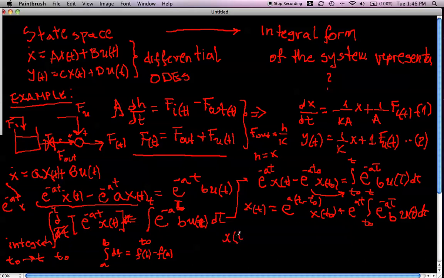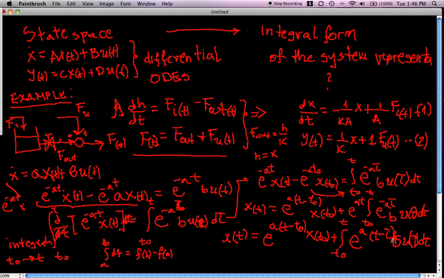that x of t is e to the a of t minus t0 x of t0 plus the integral from t0 to t of e to the a of t minus tau b u of tau d tau.